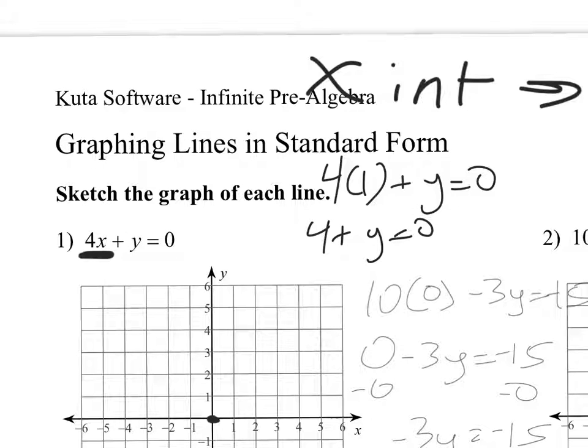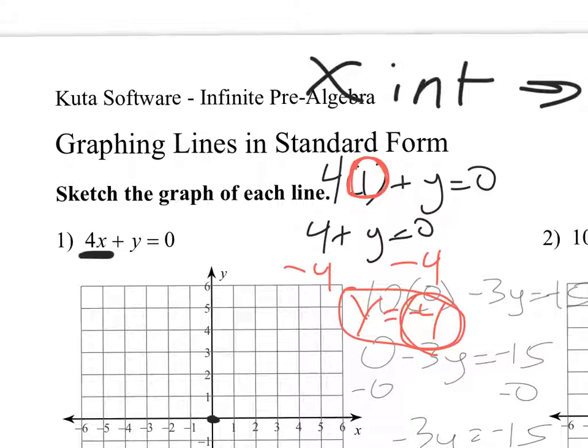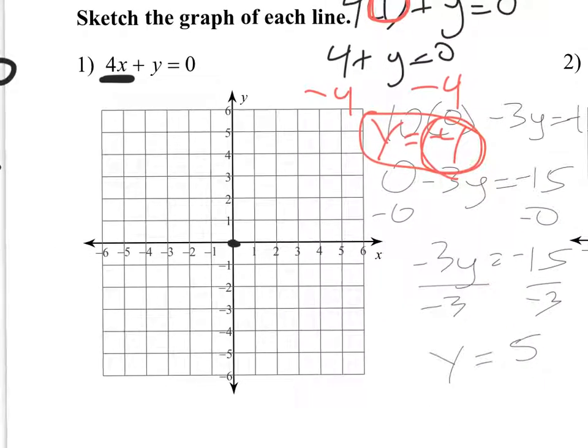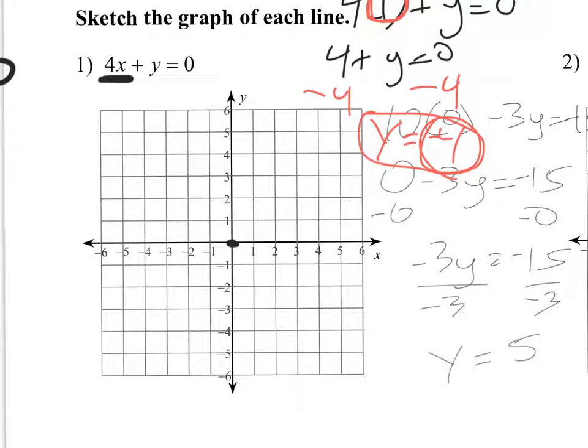If I subtract 4, sorry, I have to write over this, I don't know how to get that to go away. y equals negative 4. So when I put 1 in for x, I got negative 4 for y, which lets me know I have a point at (1, negative 4).